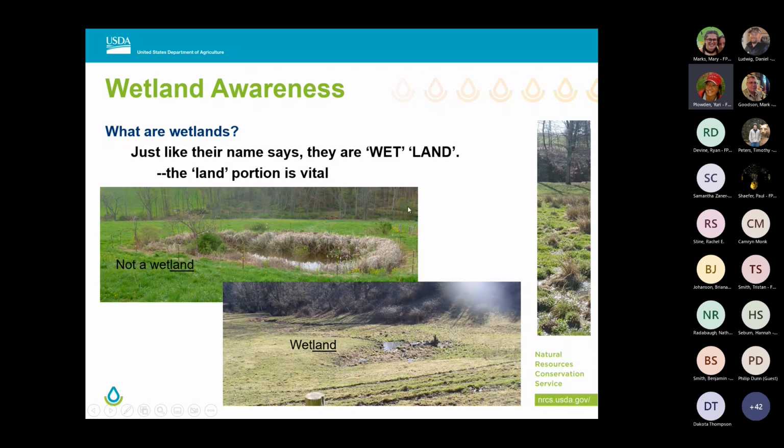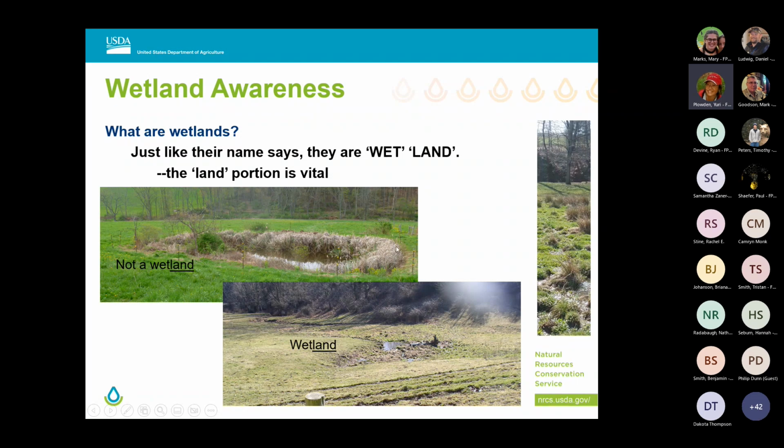Okay, so what are wetlands? Well, just like their name says, they are wet land, and the land portion is vital to this definition. So for example, this pond, the pond itself is not considered a wetland. Why? Because it has the hydrology, maybe there's hydric soils, but within the center of the pond, there aren't plants growing.